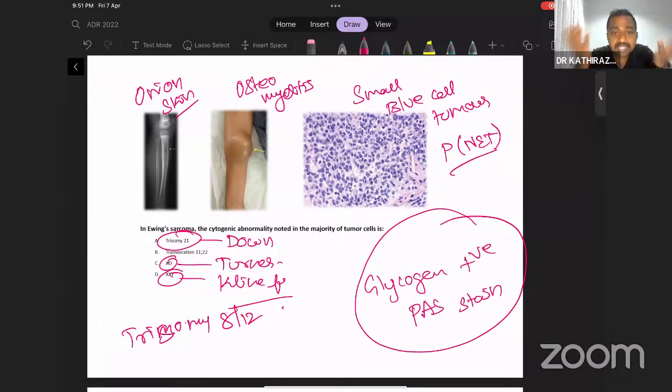This is exactly how INICET will frame it. So whatever topic you are reading, go slightly deeper and clear one more layer. Just one more layer or two more layers. Just see the images. That's all.